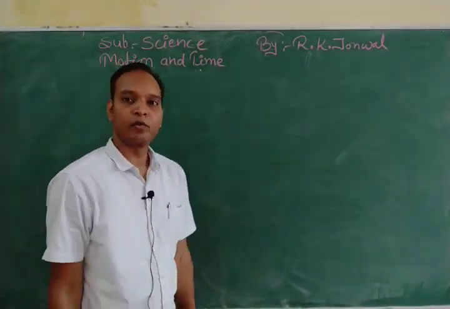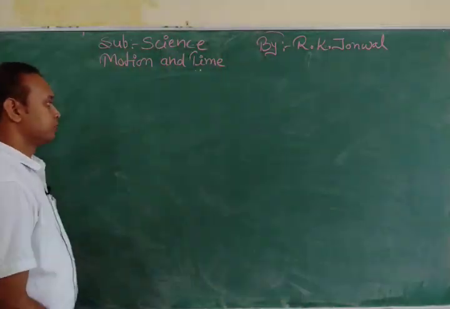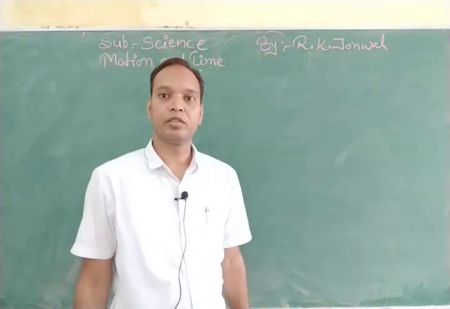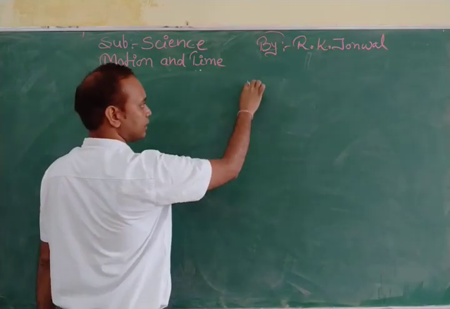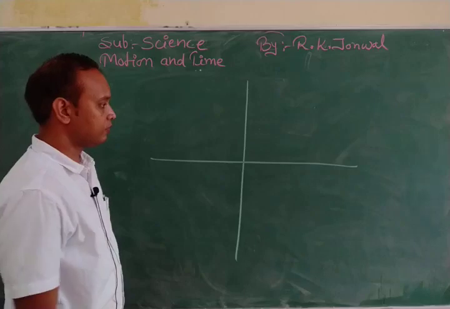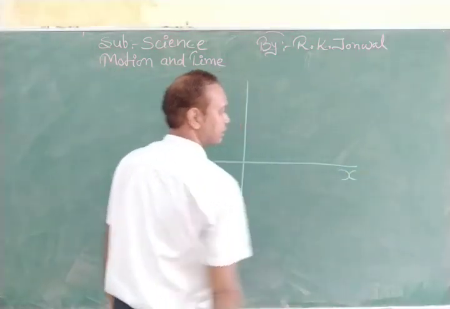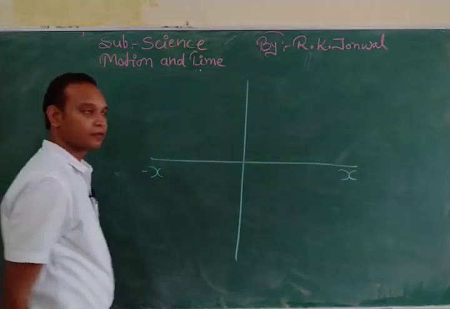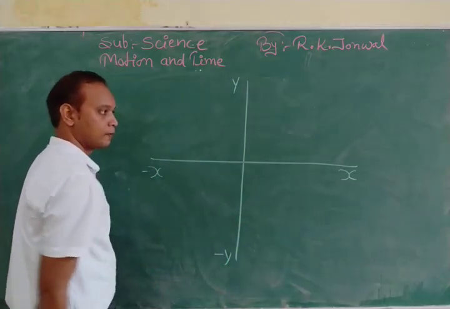So students, if you want to plot a graph, first you should know the basic features of the graph. In a graph there are some dimensions: x, x dash or minus x, y, and minus y.